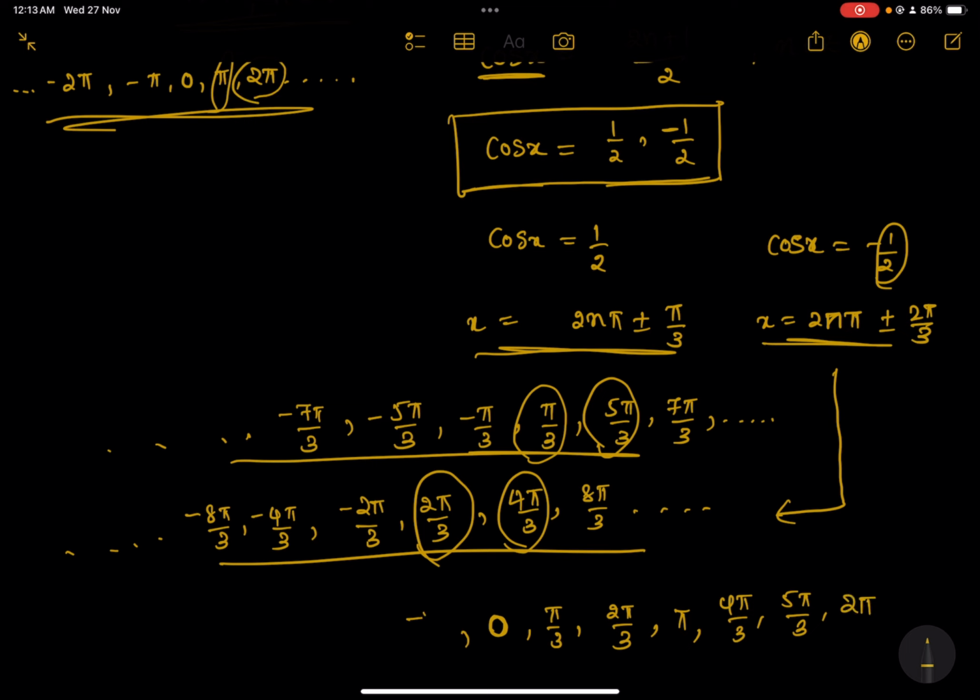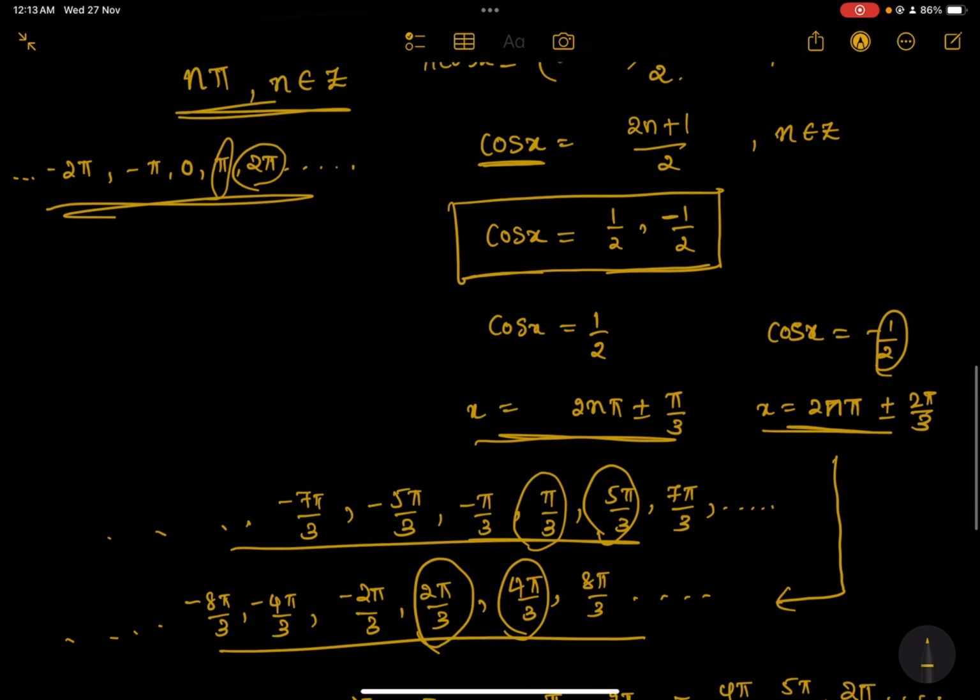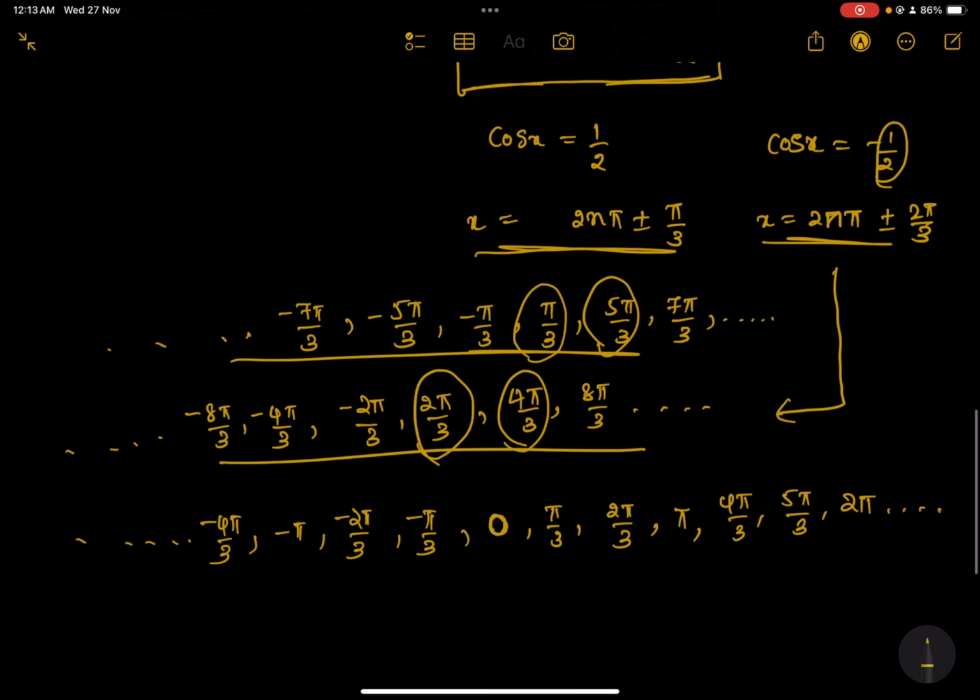Similarly this side also, minus π/3, minus 2π/3, minus π, minus 4π/3, and so on. So this is the series that we got for option 2.